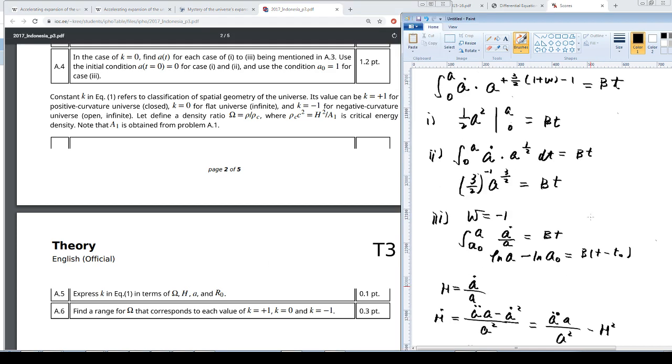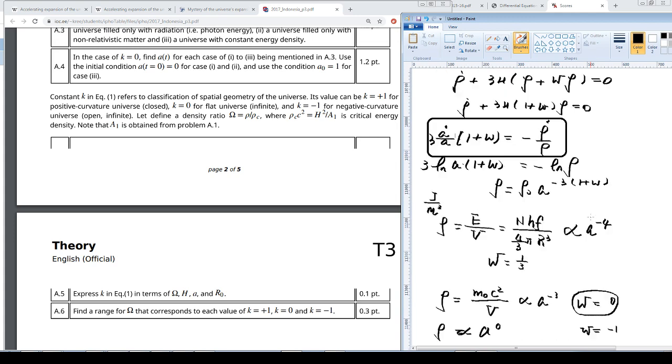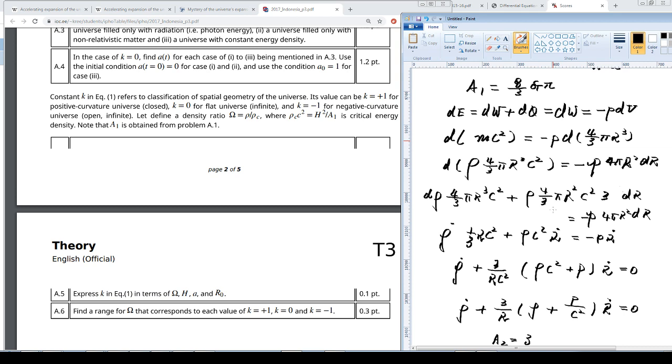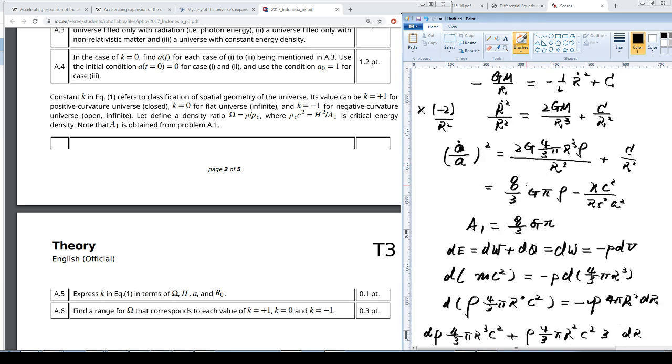Okay, so we need to copy that first equation again, which is this one.